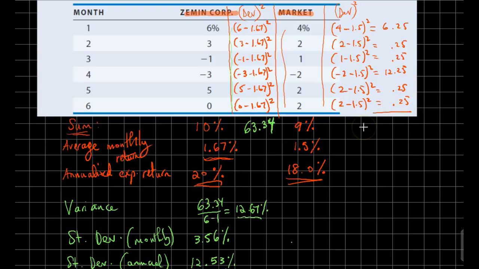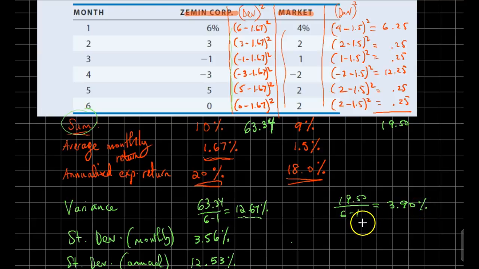When we add up all these numbers, recall we're looking for the sum first, those numbers add up to 19.5, squared percent, but I don't have to worry about the square. Now for the variance, all we do is 19.50 divided by 6 minus 1, so basically 5, which would give you a variance of 3.90. Let's just leave it as it is.